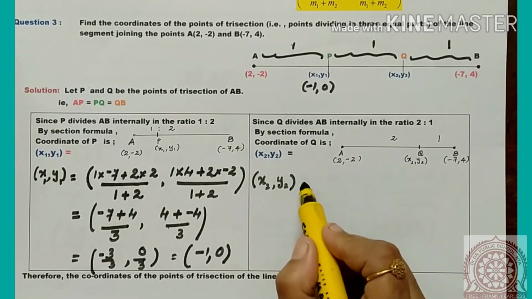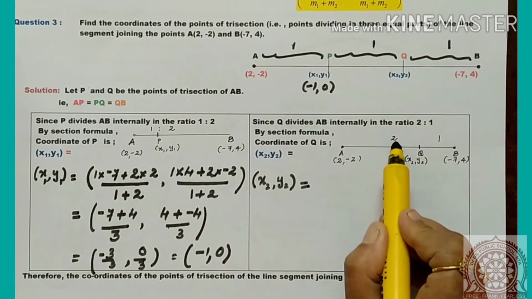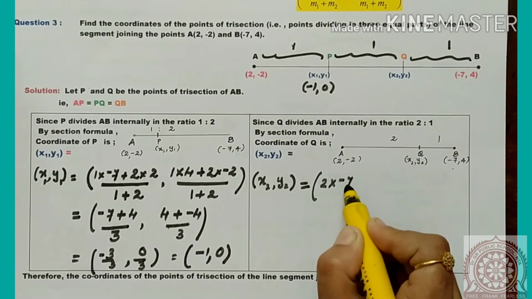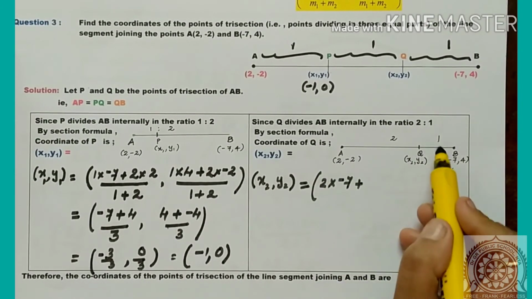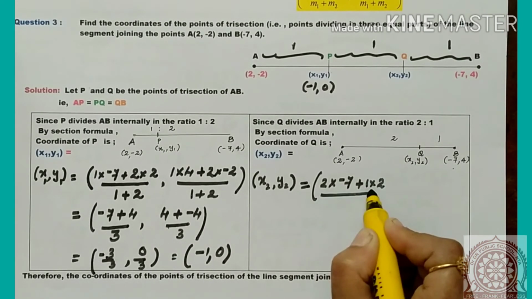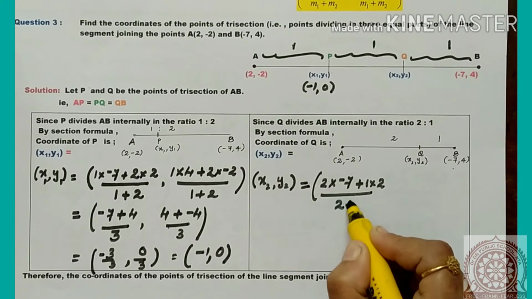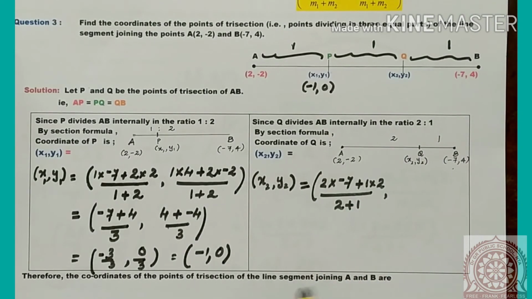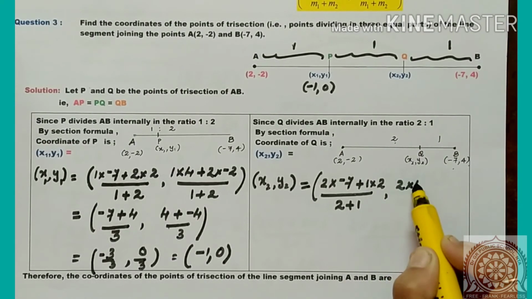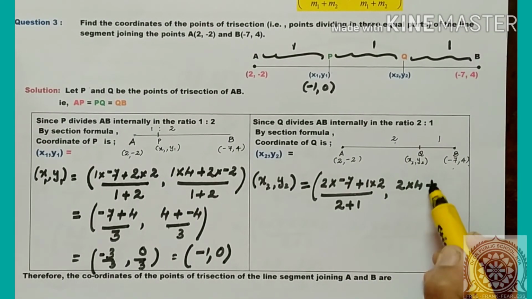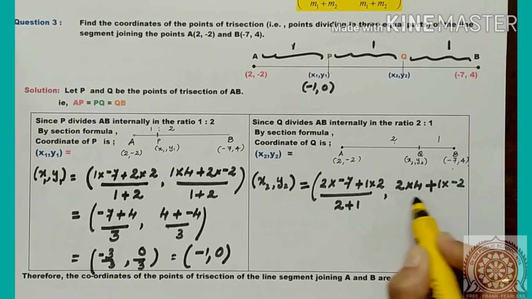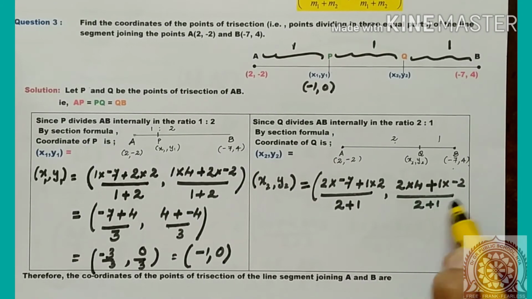Direct application: x equals 2 into the far away x coordinate minus 7, plus 1 into the far away x coordinate 2, divided by the ratio component sum 2 plus 1, and the y coordinate is 2 into the far away y coordinate 4, plus 1 into the far away y coordinate minus 2, divided by 2 plus 1.